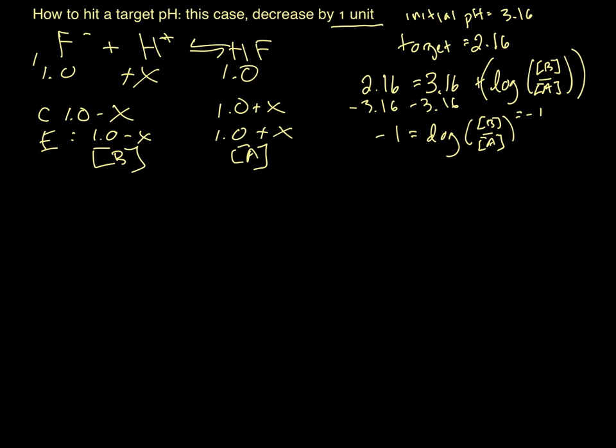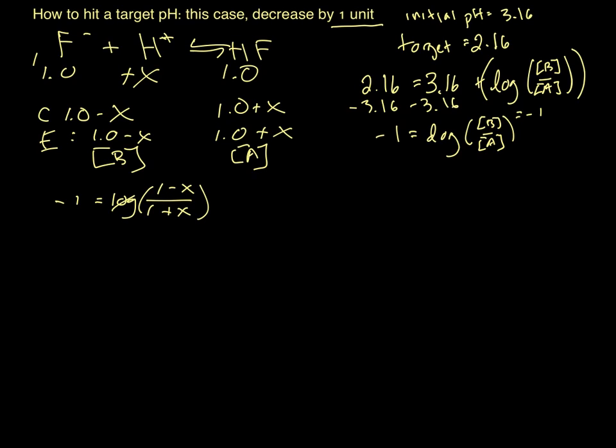This is the concentration of our base. So now, we just have to do some algebra and plug in numbers to get our final pH. So we have -1 equals log of 1 minus X over 1 plus X.